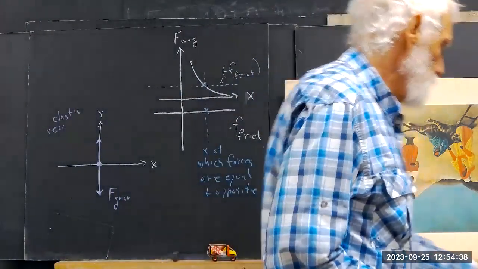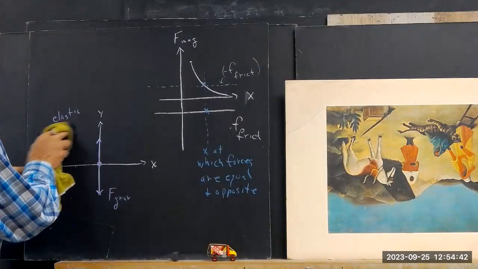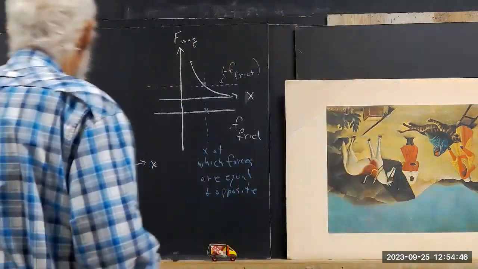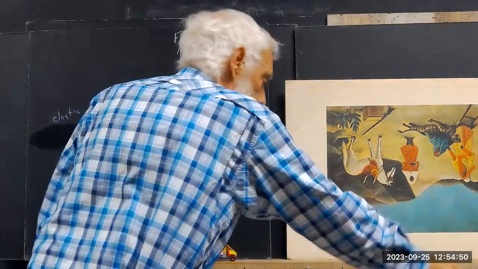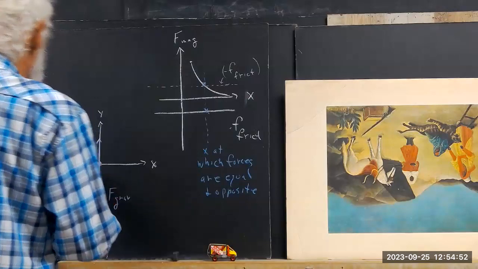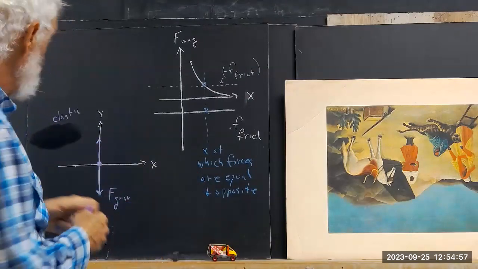I want to use the word reaction. We don't want to confuse reaction. Okay. Let's say the elastic response, not reaction. Reaction has a very specific meaning by Newton's third law. We'll talk about that.